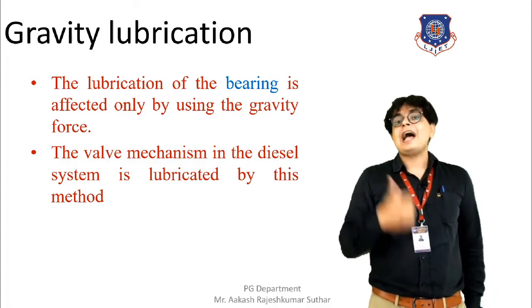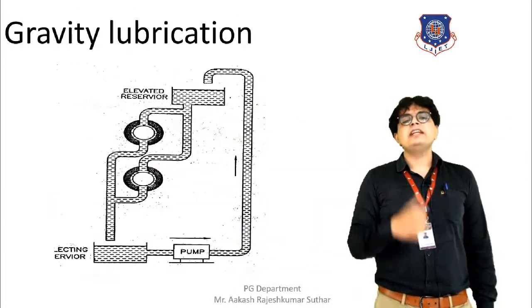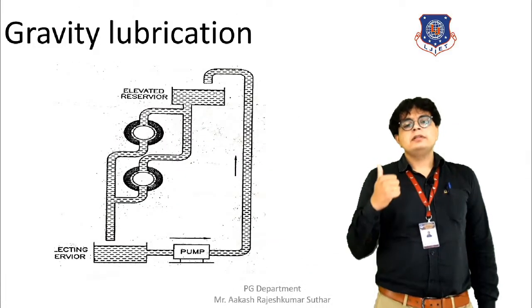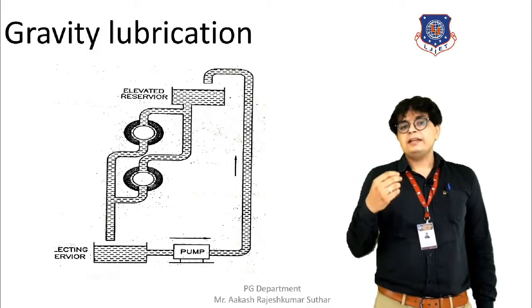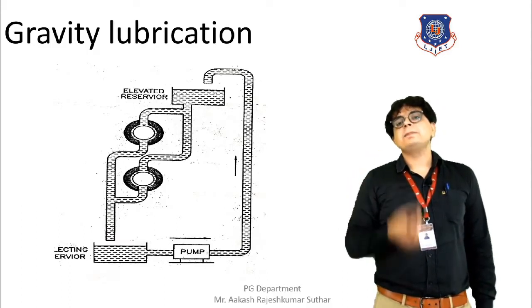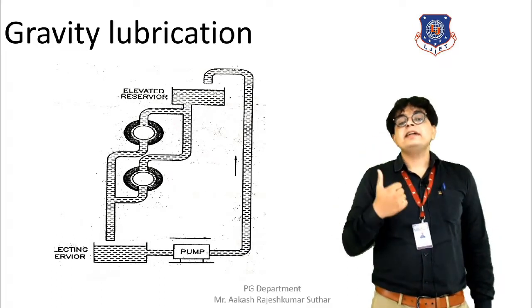Now let's see how gravity lubrication works. From the figure here, we have the reservoir of the lubricant, where the lubricant is supplied with the help of a motor to the elevated reservoir.